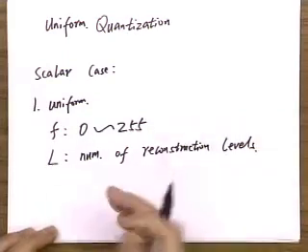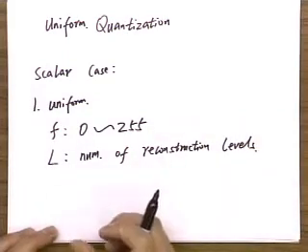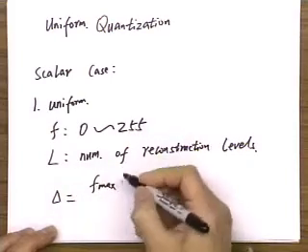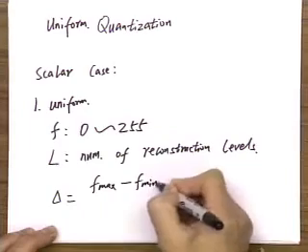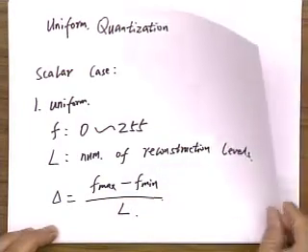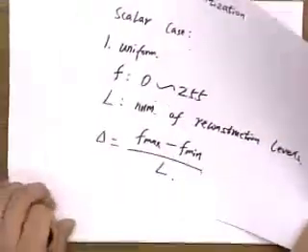First, we compute the distance between two decision boundaries, delta, which is the maximum of F minus the minimum value of F, divided by the number of reconstruction levels. Using this, we can get the decision boundaries and the reconstruction levels.